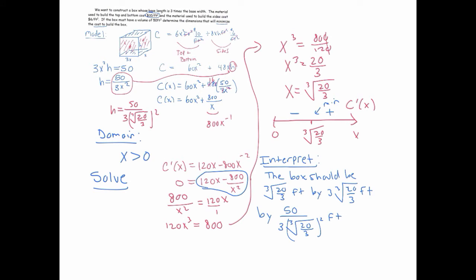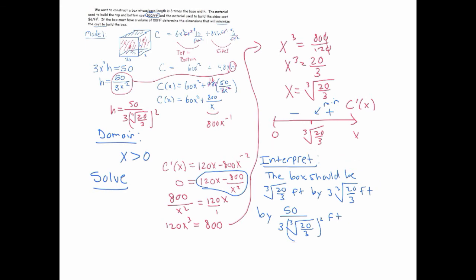Just to note, the cube root of 20 over 3 is about 1.882, and therefore the height, if you plug that in, would be about 8.856. All right, so I guess it depends on what your teacher wants, but I would accept this answer.